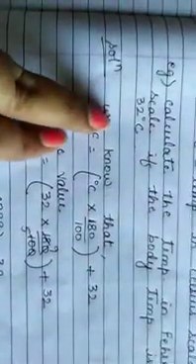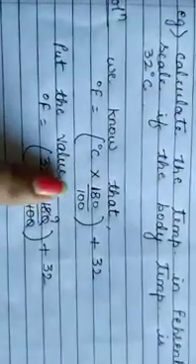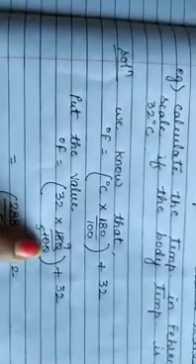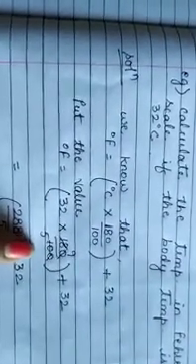Same way, if we have to calculate the temperature in the Fahrenheit scale and the body temperature is 32 degrees Celsius, we will apply this formula and put the value of degree Celsius, 32, multiplied by 180 upon 100.